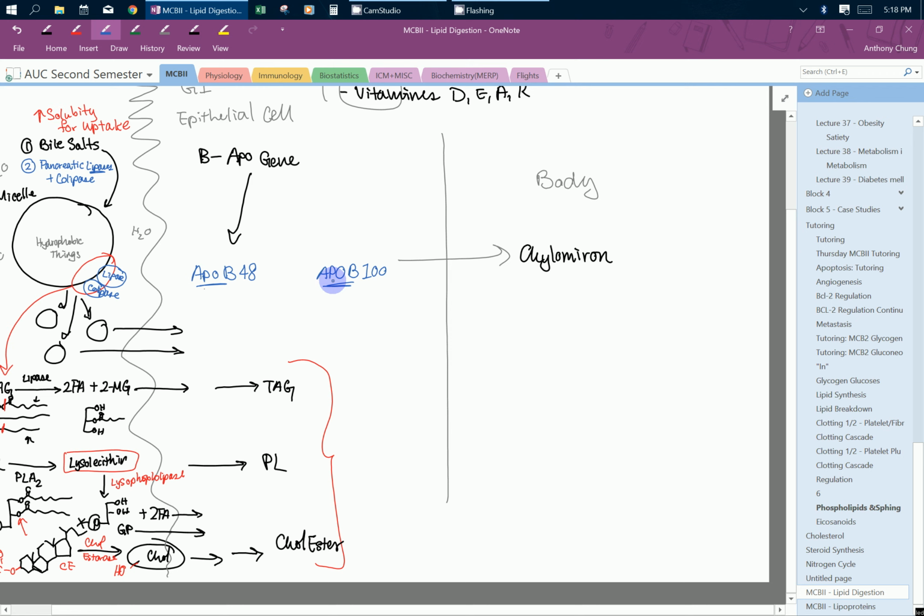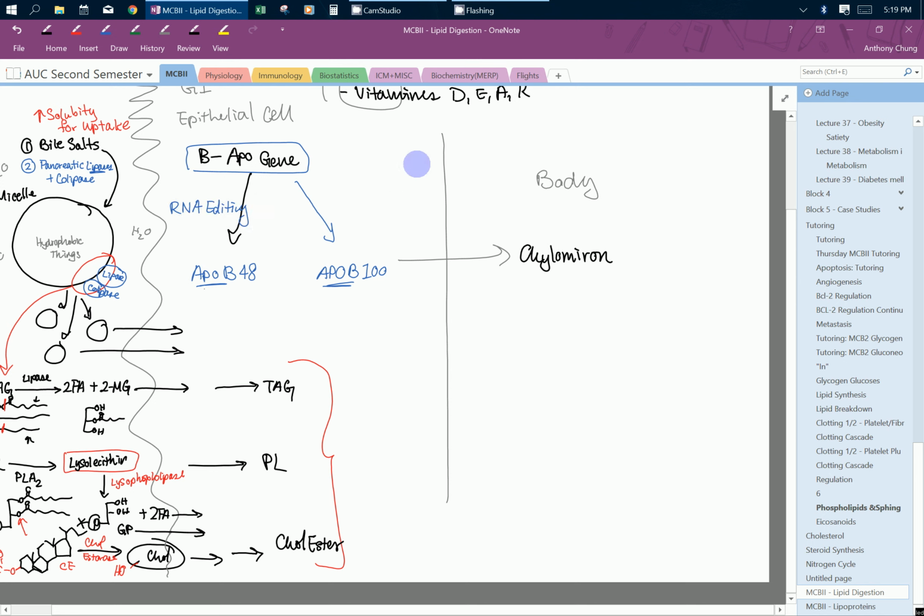But we'll get to that later, HDLs, which don't have this, they only have ApoA, so they're not going to be affected by a gene defect in this. So just be aware that it came from the same gene, and it can have two different products, and I believe it's RNA editing. So one of the nucleotides gets changed, and then it makes this product.